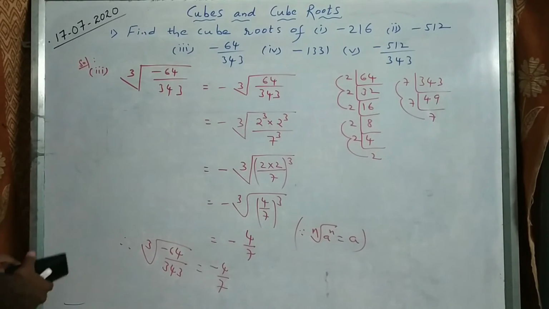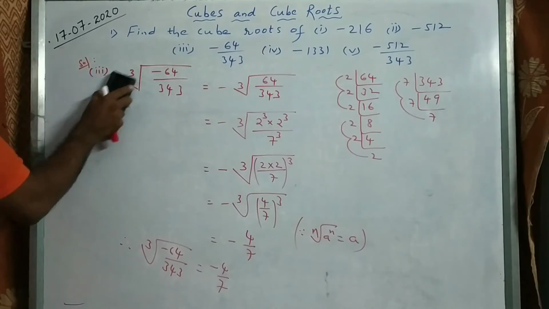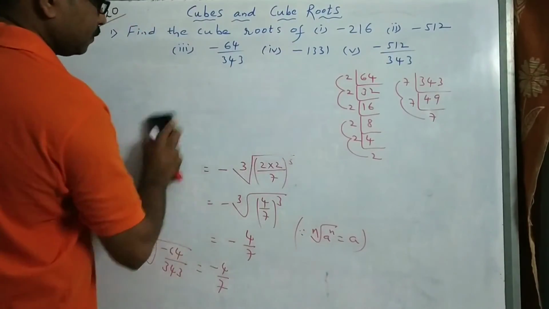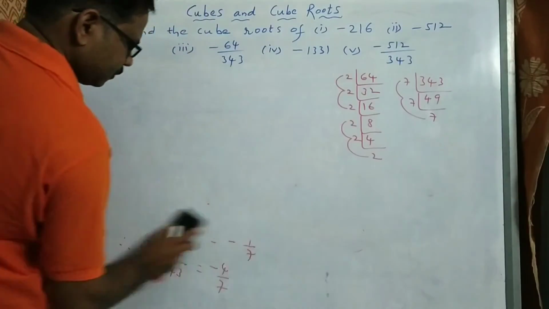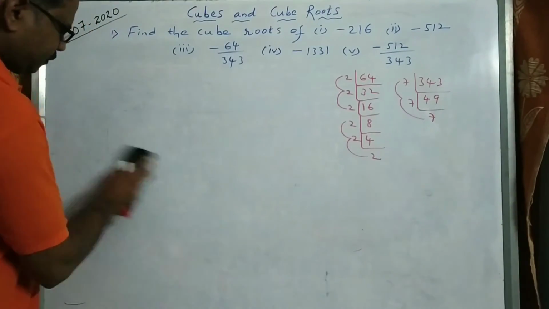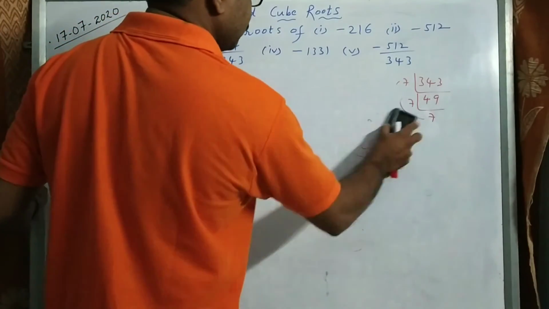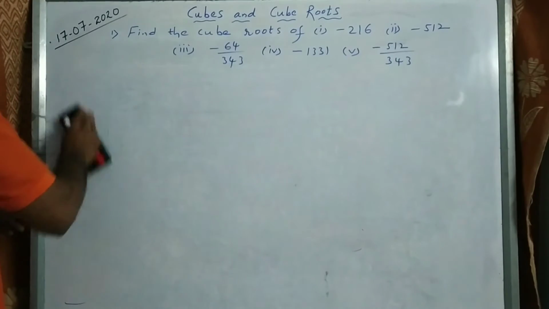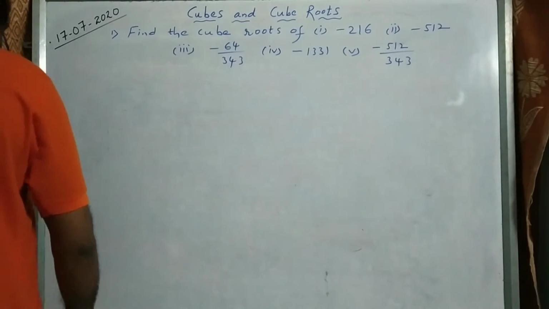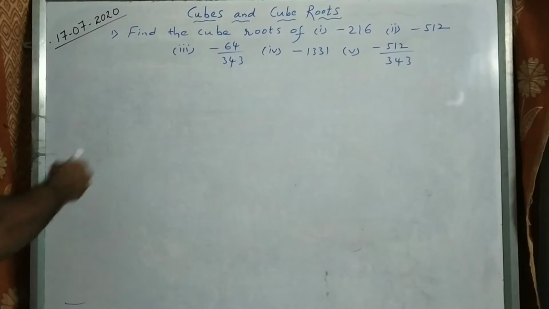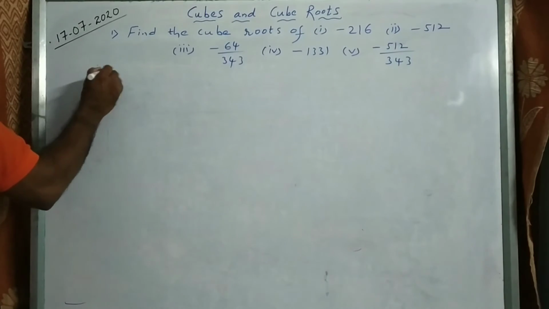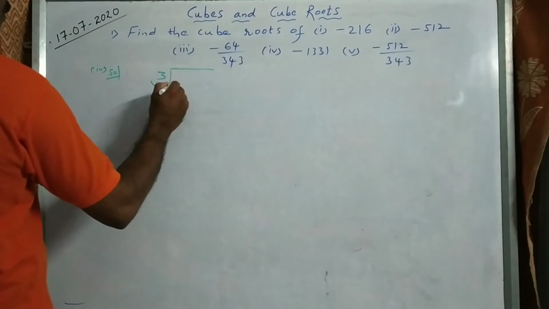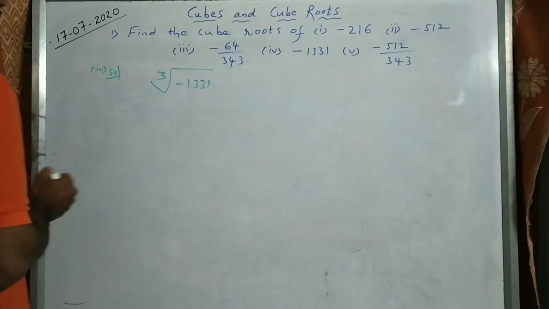Look at the fourth solution. Fourth solution, cube root of minus 1331.